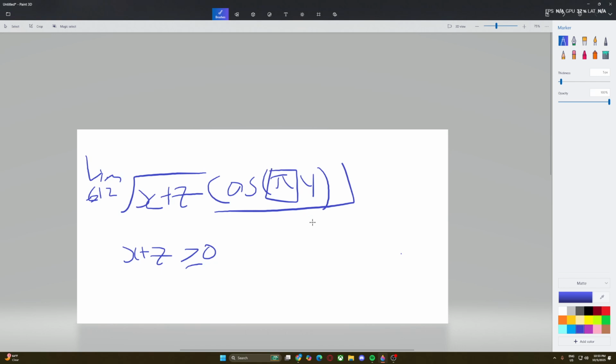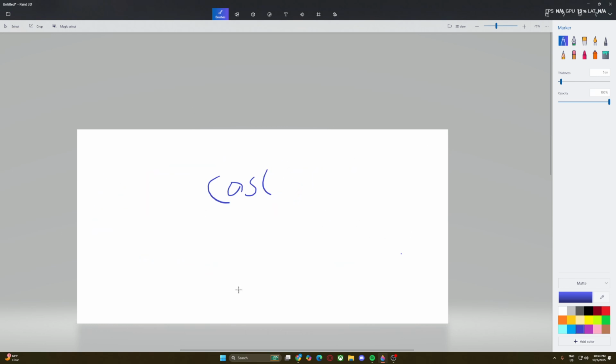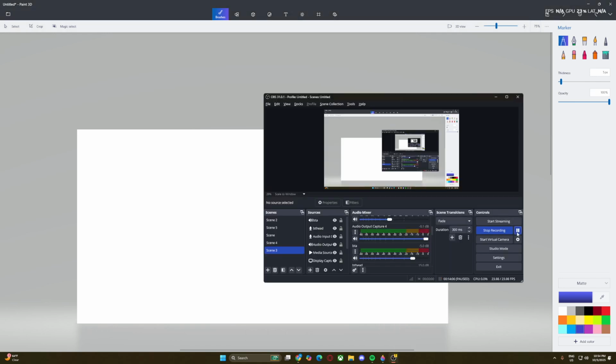I mean, cosine is just continuous either way, so since these are both continuous, they work. But I don't need you to know that, whatever. On to the next thing.